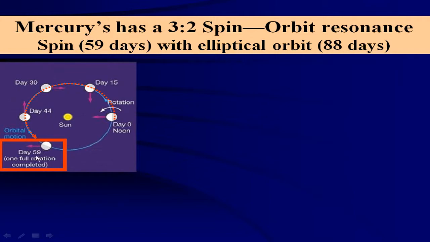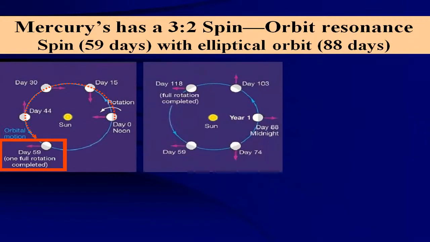And finally, when you get to day 59, you still have been kind of facing away from the Sun for some time now. So you have not completed a revolution with respect to the Sun. You continue to turn on your axis. You've completed one rotation, though, on your axis.